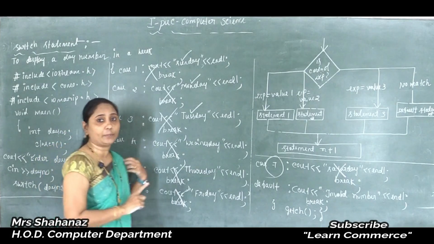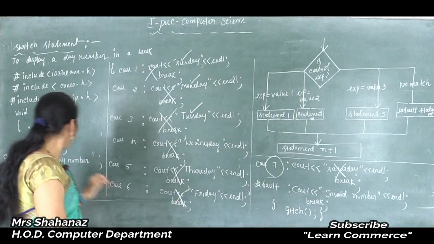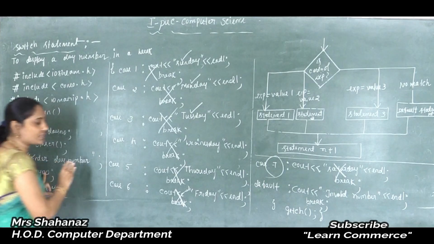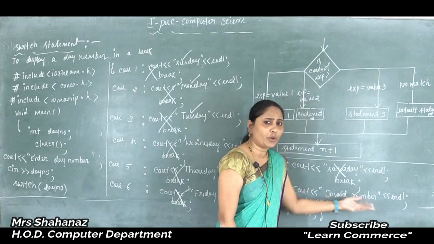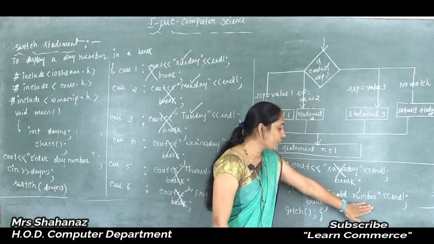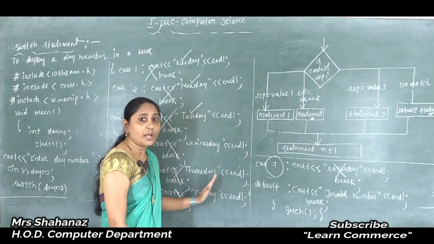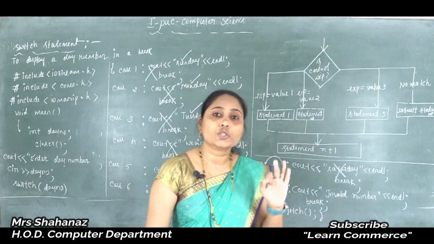But if you type the number 10, or 8, 9 after the 7, whatever number you type, it is going to execute one statement. This statement is the default, invalid number, or whatever the message is. So the message is going to display as invalid number. Clear this part? So lastly, after displaying the message, it is going to stop the switch program.